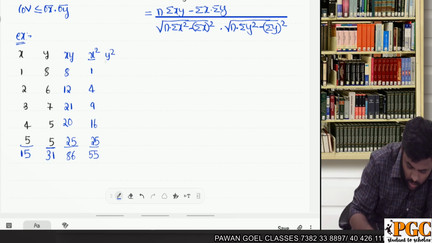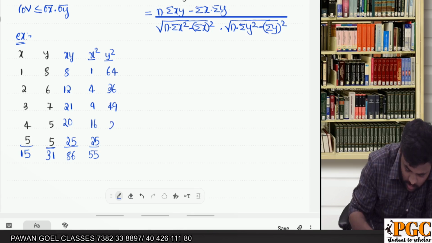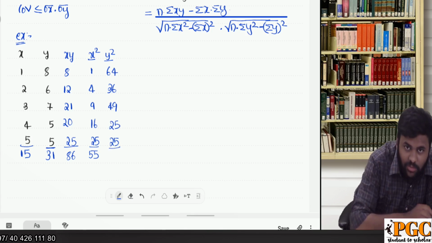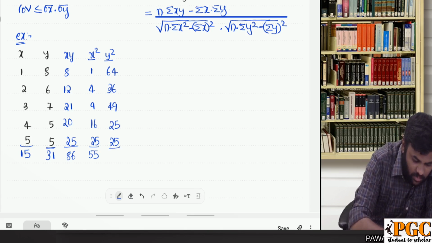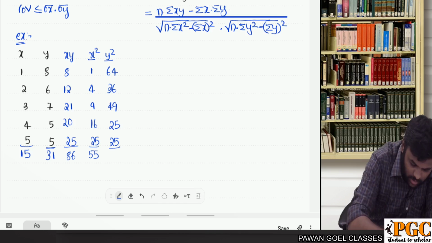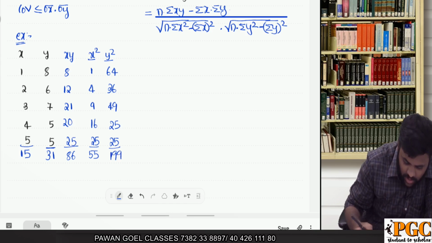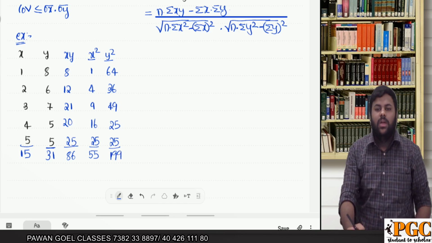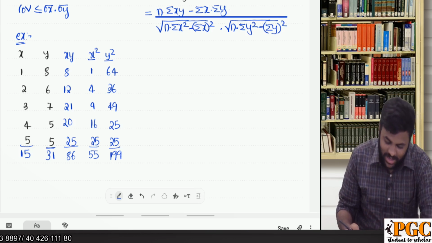Now y square. 8 square 64, 6 square 36, 7 square 49, 5 square 25, and again 5 square is supposed to be 25. Now let us add all these things, my dear friends. 64 plus 36 plus 49 plus 25 plus 25, which is supposed to be 199.